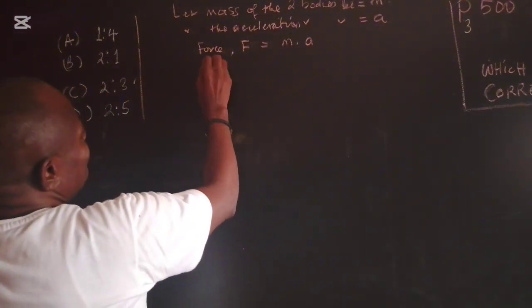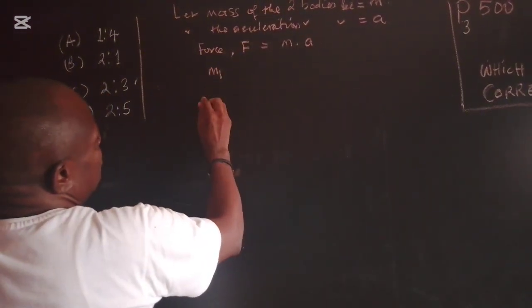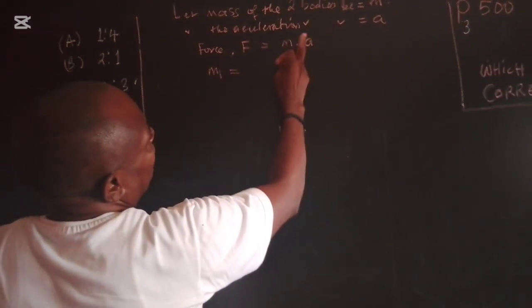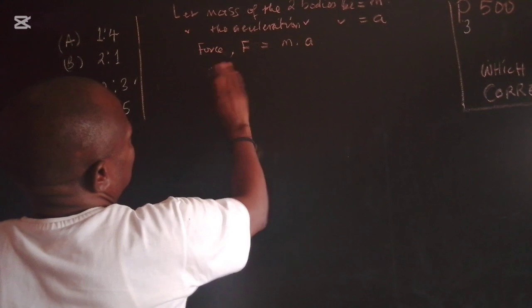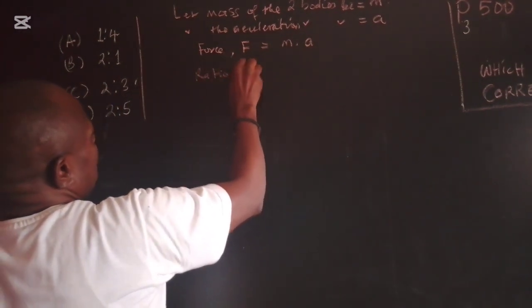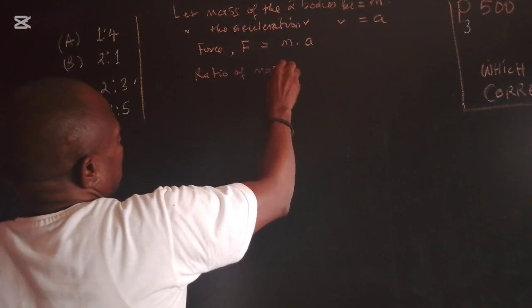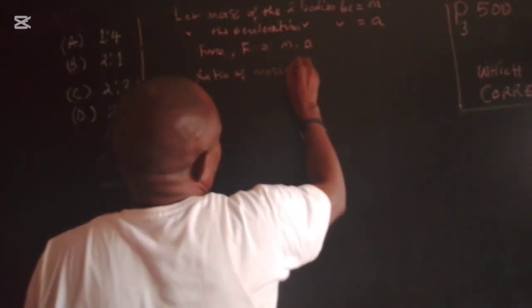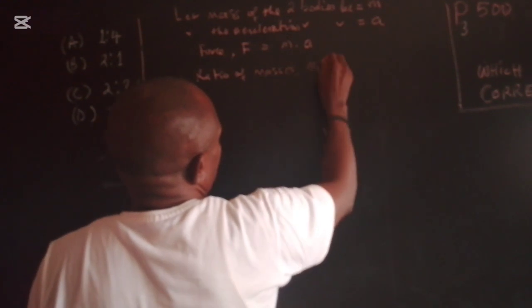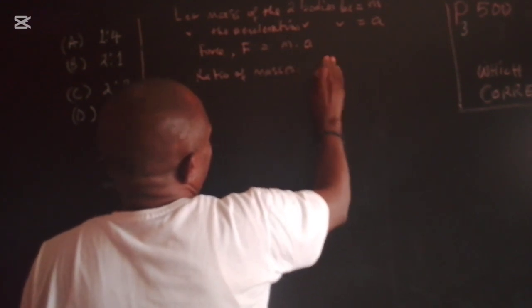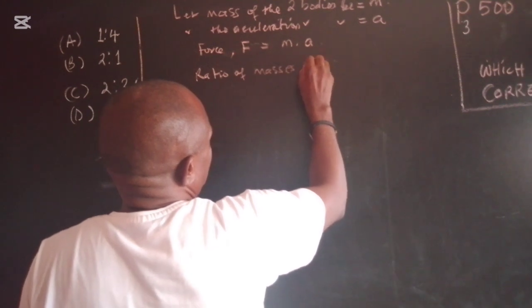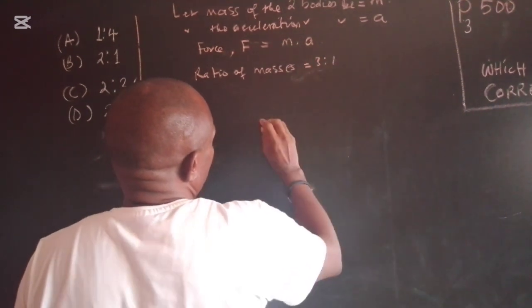So the mass of the first body, m1. We're told that the ratio of masses of the two bodies is equal to 3:1.